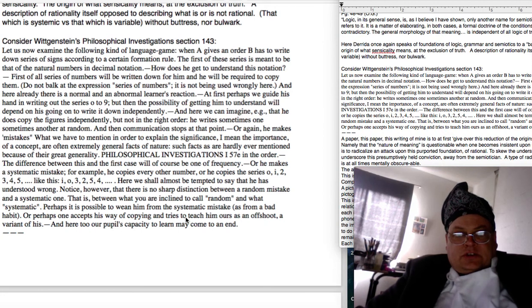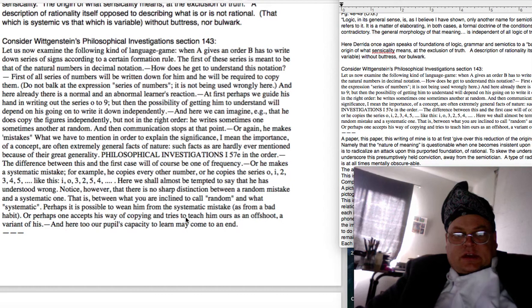And hence we can imagine, for example, that he does copy the figures independently, but not in the right order. He writes sometimes one, sometimes another at random, and then communication stops at this point. Or again, he makes mistakes, which we have to mention in order to explain the significance. The importance of a concept are often extremely general facts of nature.